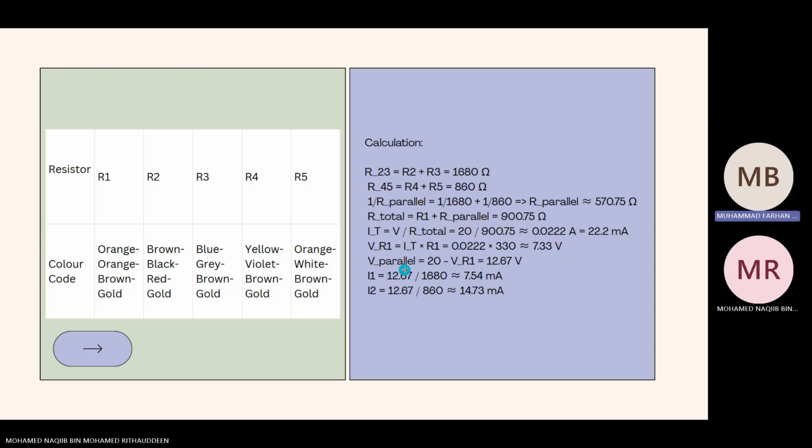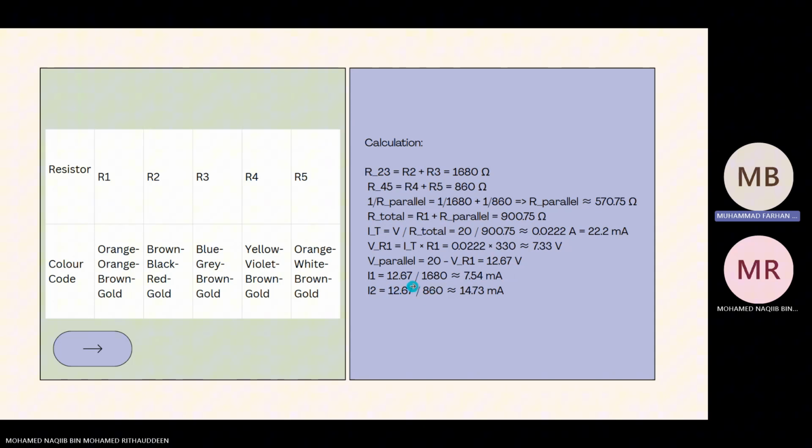The voltage left for the parallel part is 20 minus 7.33, which equals 12.67 volt.